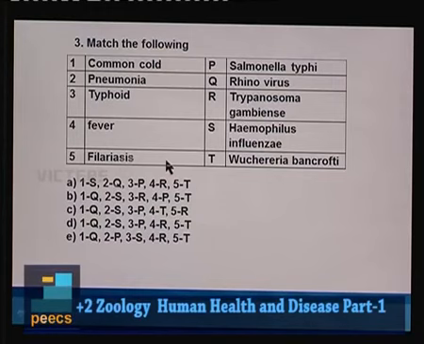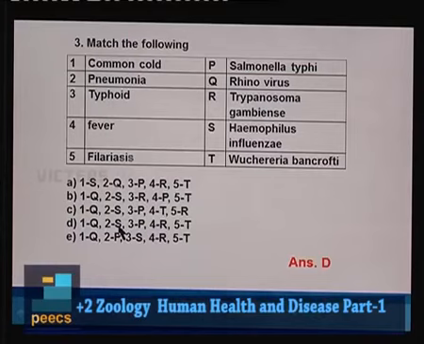Then filariasis you can match with Wuchereria bancrofti. So, this is a simple question. After matching, our answer will be option D. Okay, because 1-Q, 2-S, 3-P, 4-R and 5-T. That is the correct way of matching.